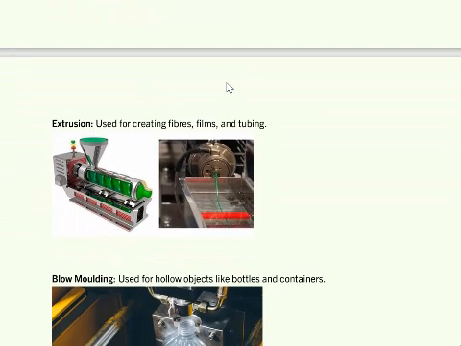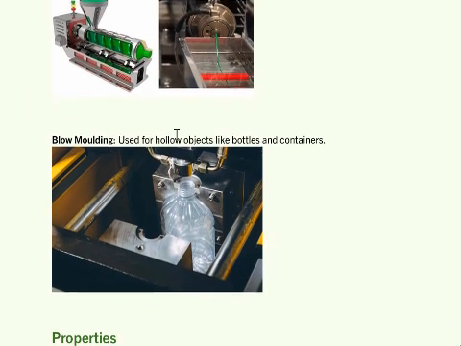In extrusion, the raw material polyamide resin is fed into the extruder hopper, and then it is melted and mixed together. Then it is shaped, and after shaping, it is cooled and the cutting is done, and then the surface treatment is given. It is used for creating fibers, films, and tubing.